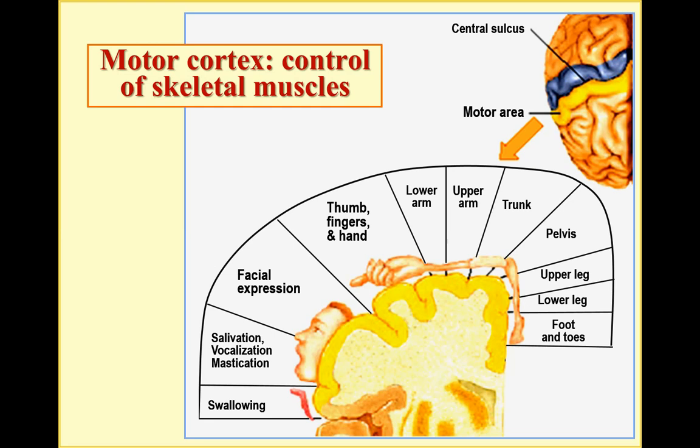The largest areas of the motor cortex are for control of facial expression, which means the muscles of the face, and also muscles that control vocalization, the pronunciation of words. Also the hand, with its thumb and fingers, has a very large area in the motor cortex.